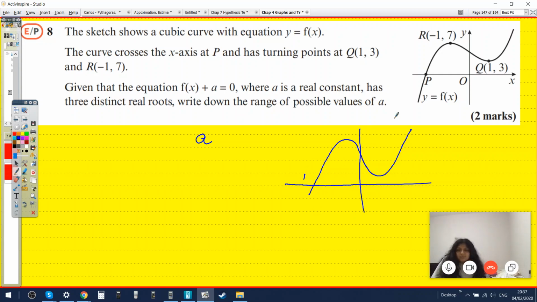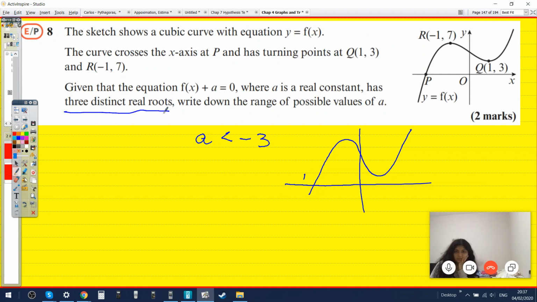Okay, so basically, would 3.5 work? Yes. Could it be less than or equal to minus 3? Why not? You'd have 2 roots.